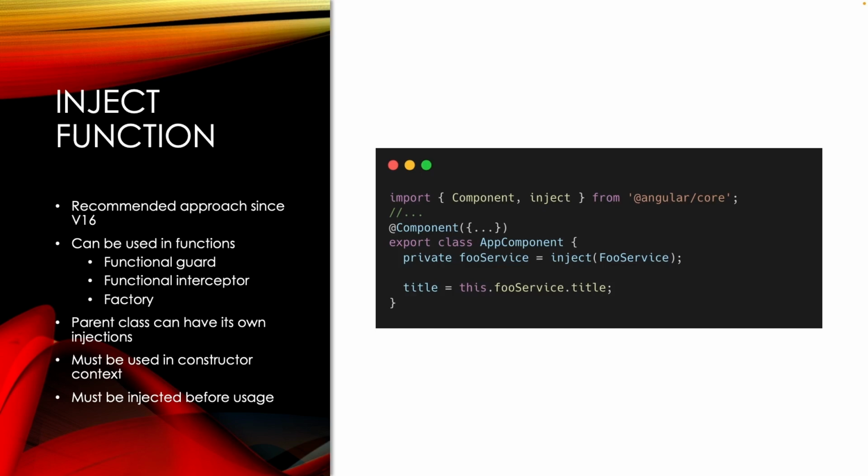It should be used in an injection context, like a constructor or property of a class, or a specific place for the Angular framework, like a guard or interceptor. With the inject function, the order of injecting and usage is important. I would recommend having all injections at the very top of the class declaration, so you have everything injected before using it.